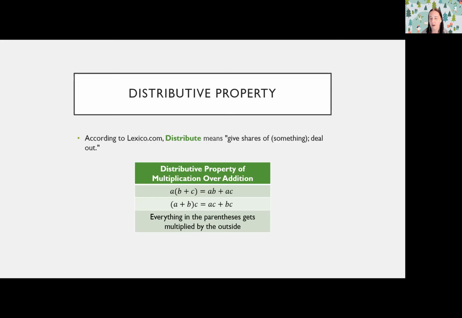It's shared among everything in the parentheses. So A times B plus C, we multiply A by the B and the C. We're sharing that A by multiplication for both of those items. And it works backwards as well. If it's in the back, it still gets shared among everything inside the parentheses there.